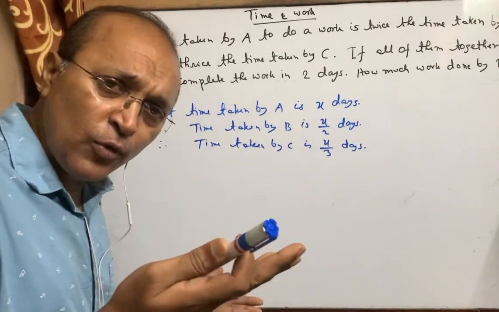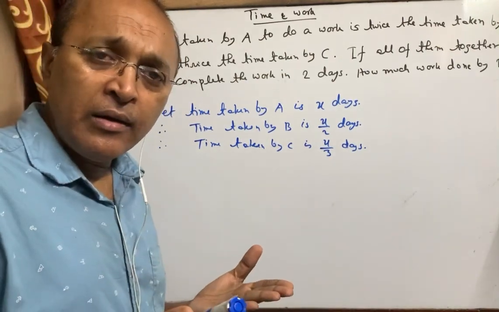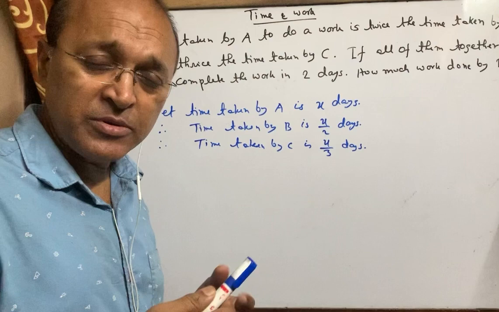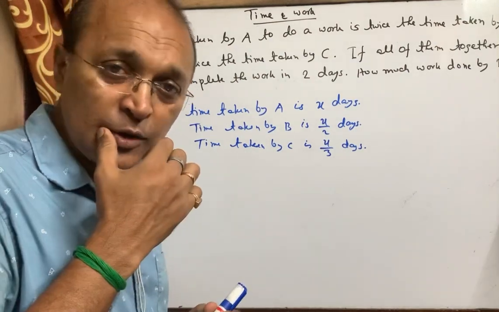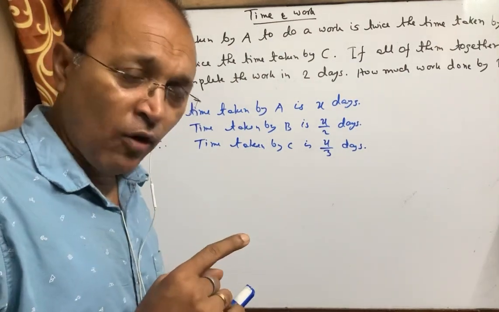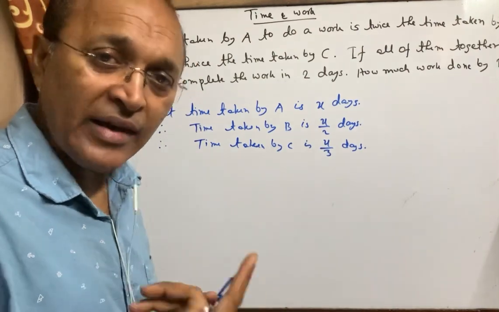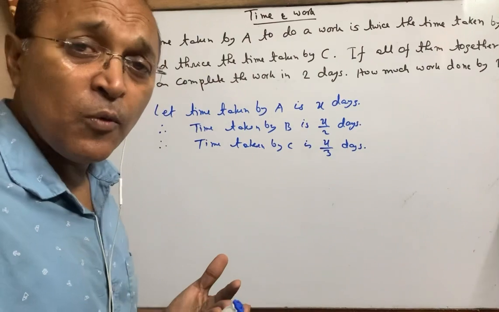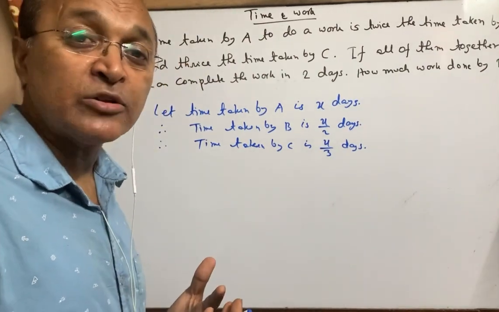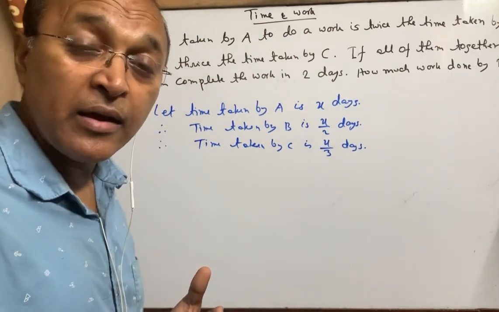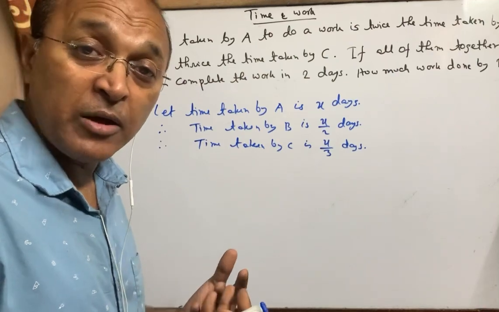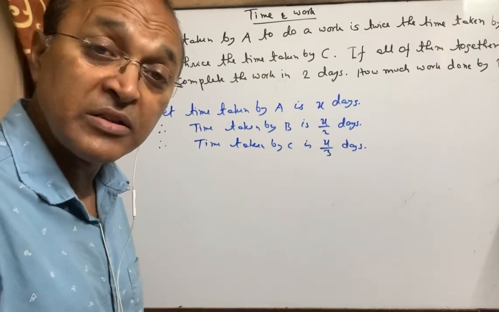Okay, and all of you know that while doing time and work related problems, our ultimate target will be converting or doing in respect to 1 day or in respect to 1 hour like this. So we have to find in 1 day how much work is done by A, in 1 day how much work is done by B, and in 1 day how much work is done by C.